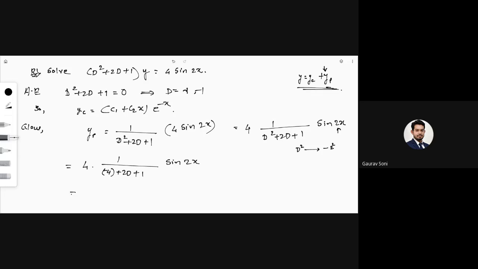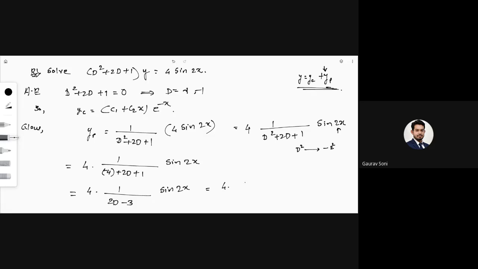So what we got? 4, and 1 upon minus 4 plus 1 is minus 3. So this is 4 into 1 upon 2d minus 3, sine of 2x. What do we mean by rationalizing? I've just got 2d minus 3, so I will have to multiply and divide by 2d plus 3.